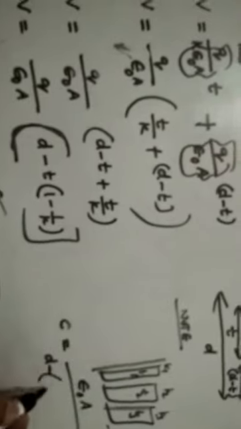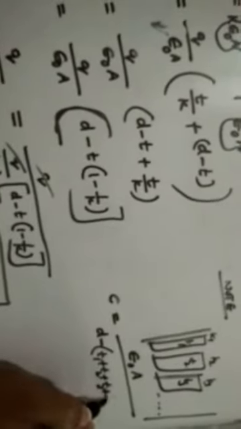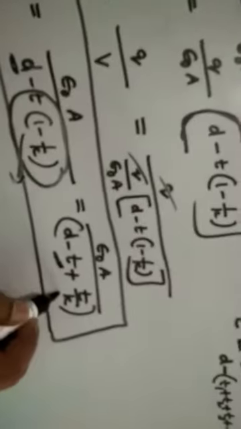Here so many thicknesses are there, so you have to write T1 plus T2 plus T3 and so on. Plus T by K means T1 by K1, T2 by K2, plus T3 by K3, and so on, kept in a bracket like this.